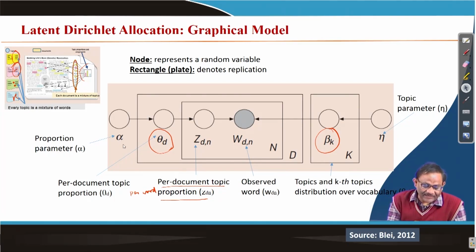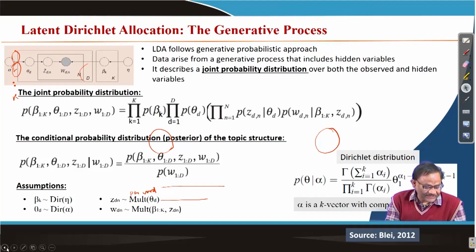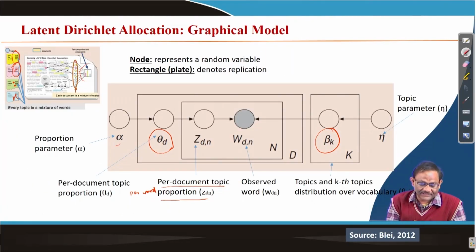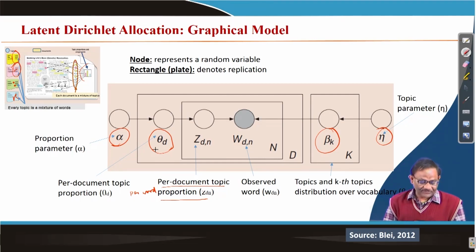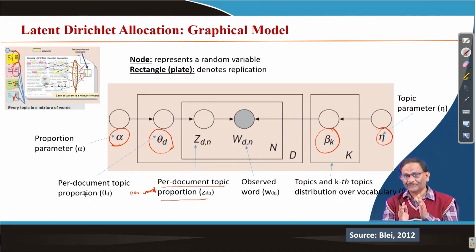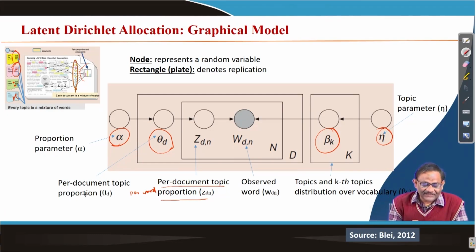One is alpha. Alpha is the proportion parameter. Another one is eta, which is the topic parameter. So theta d is the per document topic proportion. What will be the proportion, or the amount of coverage, of a particular topic on a particular document depends on the process through which it is generated.